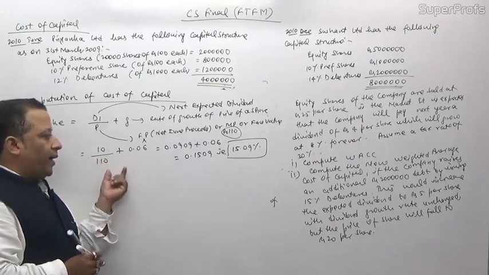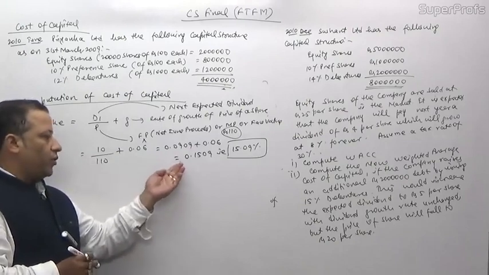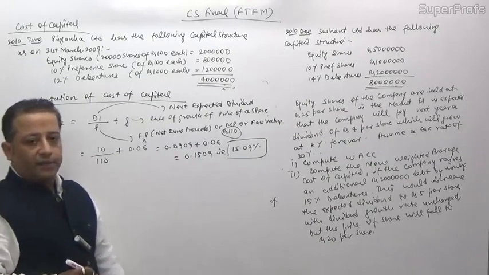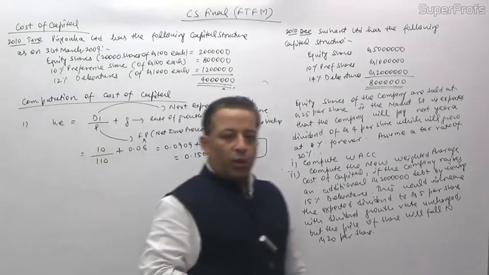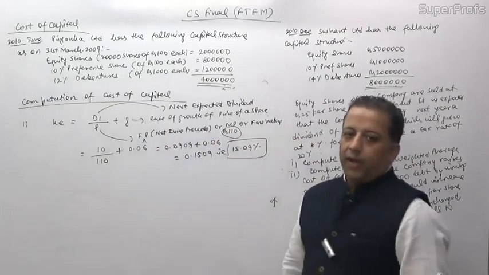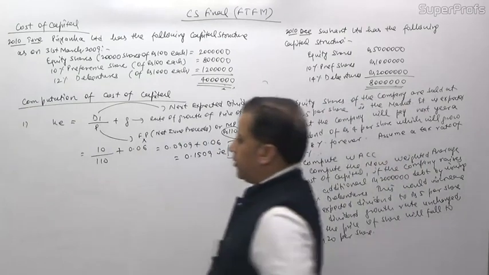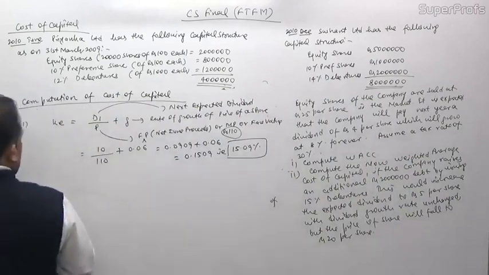Then 10 divided by 110, 0.0909, plus 0.06 is equal to 0.1509, that is 15.09%. 15.09% is basically the cost of equity.